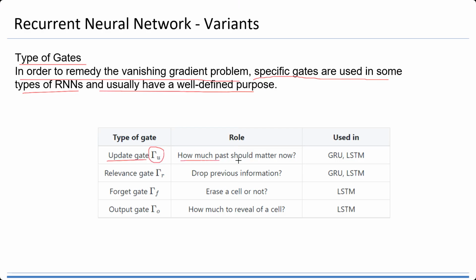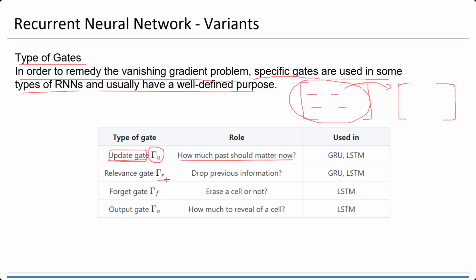So how much of the past should matter now? If you have a weight, we will check whether all the weights are good for the next step. If some of the values are not good, then we need to update it.